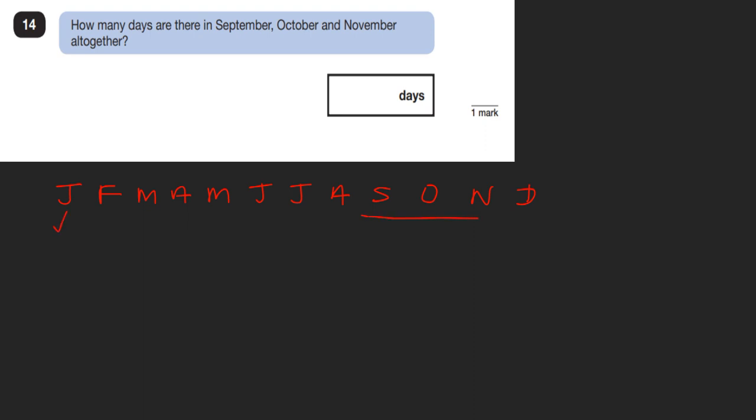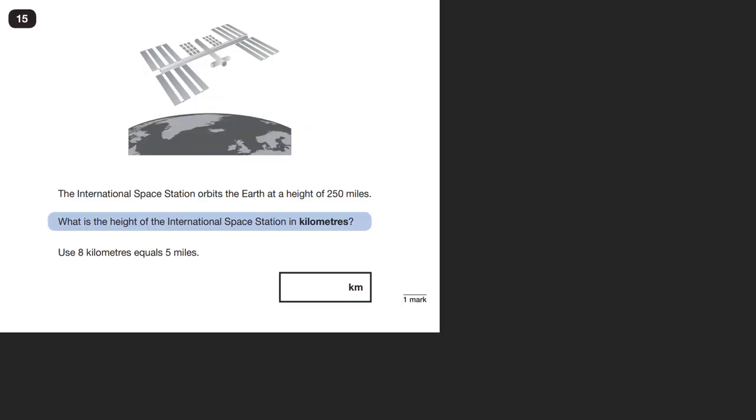January is 31, March is 31, May is 31, July is 31, August is 31, October is 31, and December is 31. So this has to be 30, and this has to be 31, and this has to be 30 as well. So if you add 30, 31 and 30, you get 91 days as the correct answer.